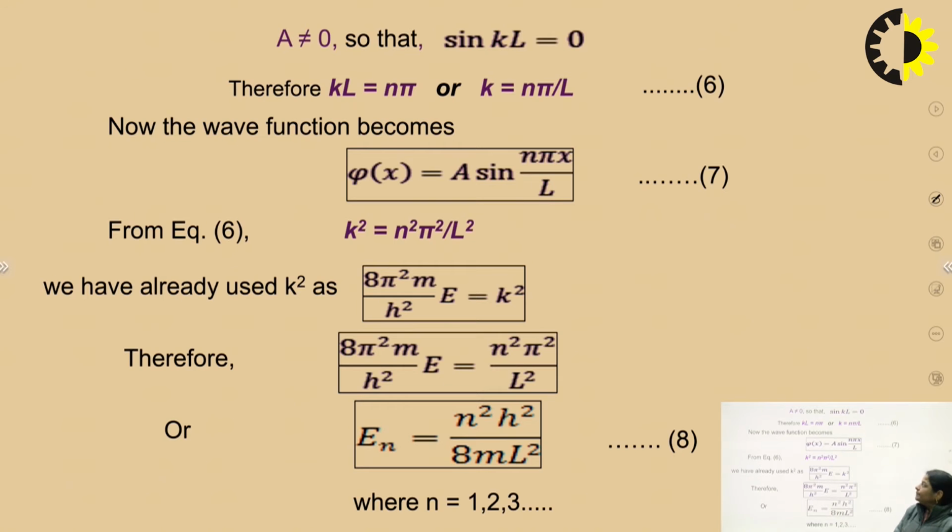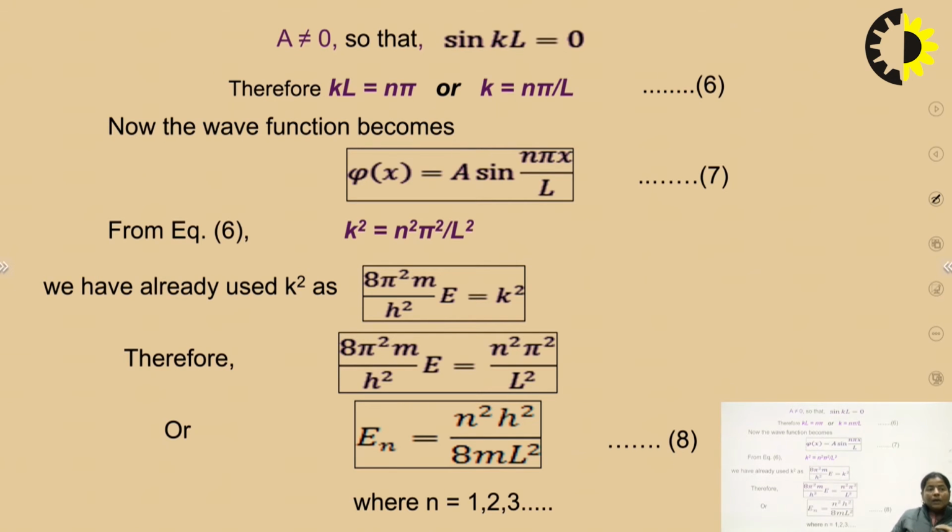Now we take the help of this K again, and we square the value which we have obtained. We have obtained K is equal to n pi by L. So now we square: K square is equal to n square pi square by L square.